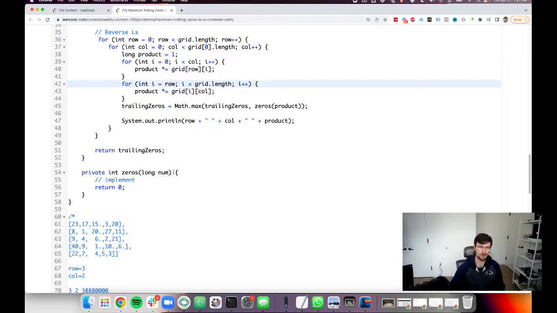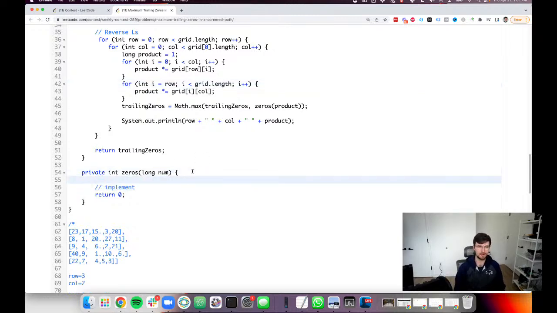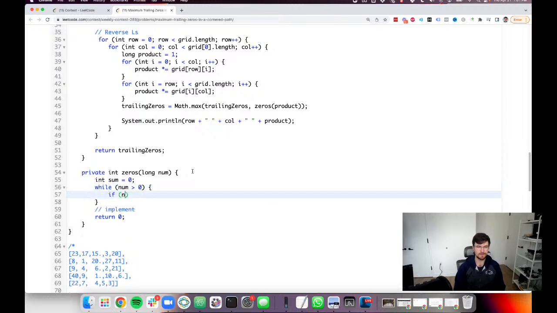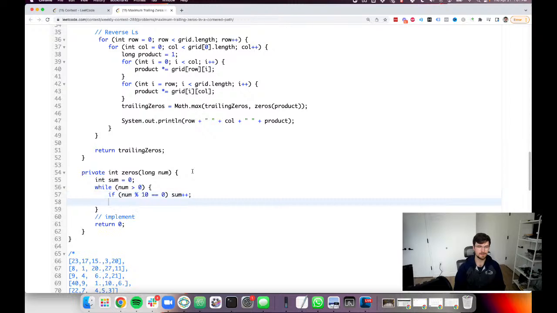So how do we get the number of trailing zeros here? The easiest way to do this is sum equals 0, and keep dividing by 10, right? So while num is greater than 0, we'll say if num mod 10 equals 0, sum plus plus.